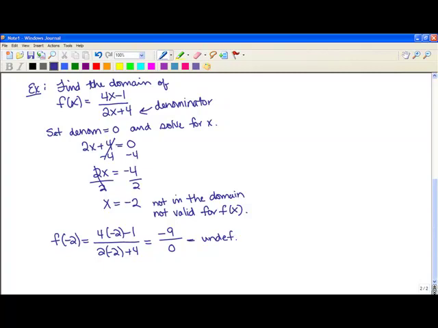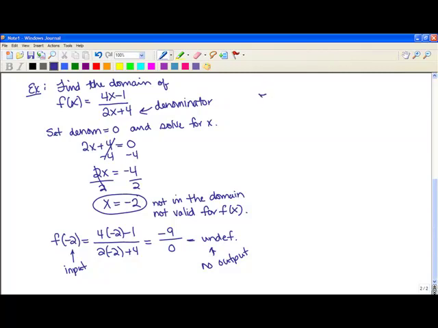Anytime we're dividing by 0, the function is undefined. So by plugging in negative 2 for the input, there was no output. That's why this number does not work with the function. It's not valid. So negative 2 is a number we're looking for to take out of the domain.